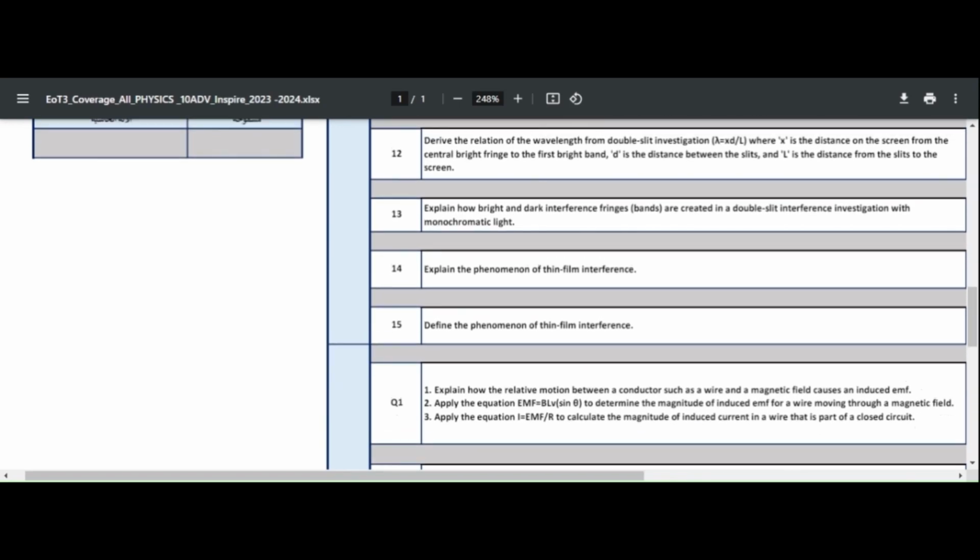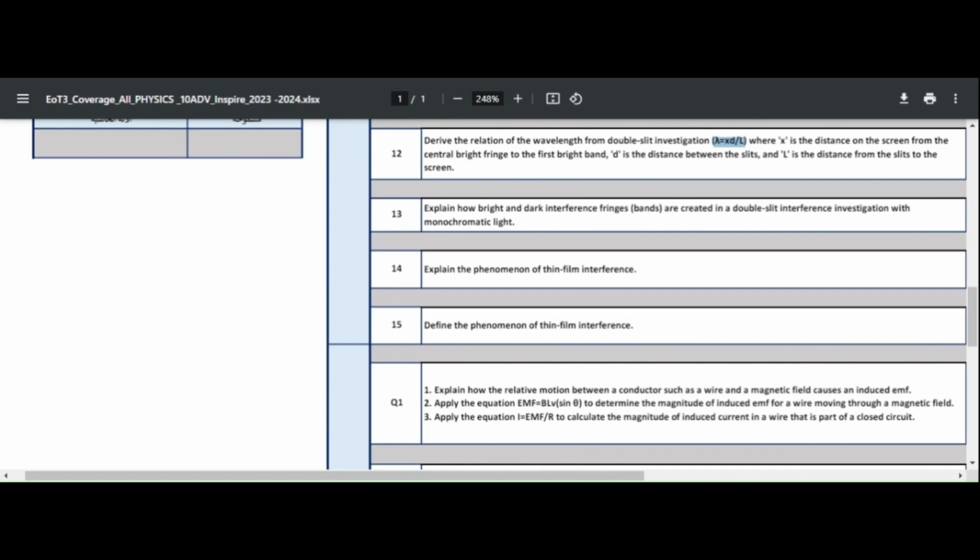Then you have question number 12, which is about the relationship lambda is equal to xd over L, which is the equation for double slit interference. A monochromatic light, light which has the same wavelength, passes through two slits at the same time, and they are projected on a screen.